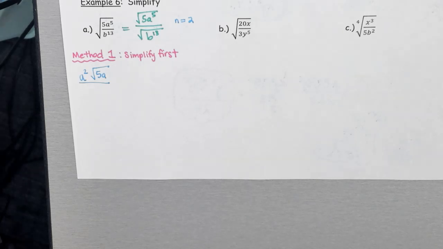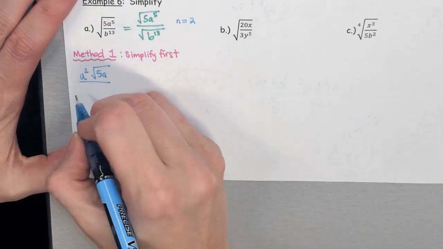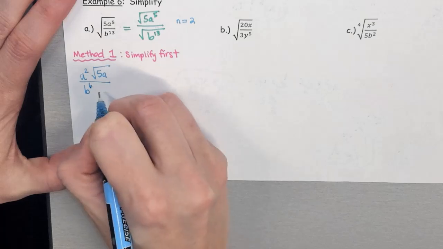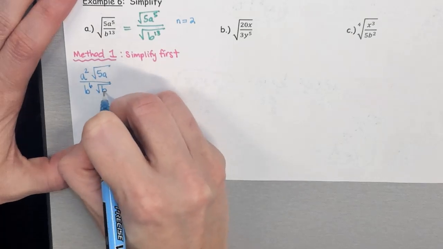Okay, will you go ahead and simplify the bottom if you haven't already? Okay, so then on the bottom, how many times does 2 go into 13? 6, so you got b to the 6 times the square root of b.